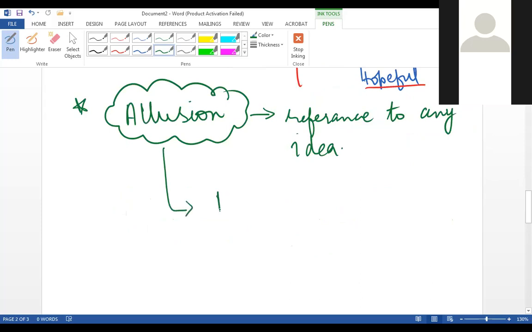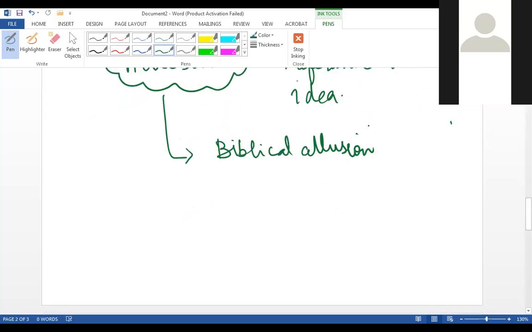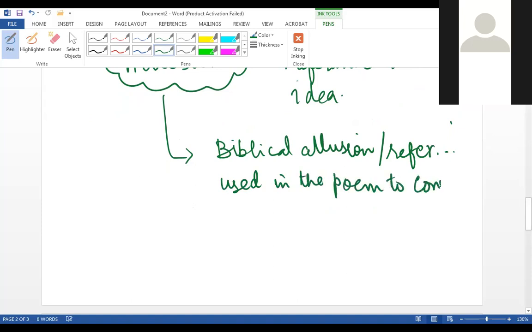Allusions are used like biblical references, biblical allusions from the Bible, because we are doing English literature. So you will come across allusions from the Bible. There will be religious references used in the poem to convey a strong sense of conviction.